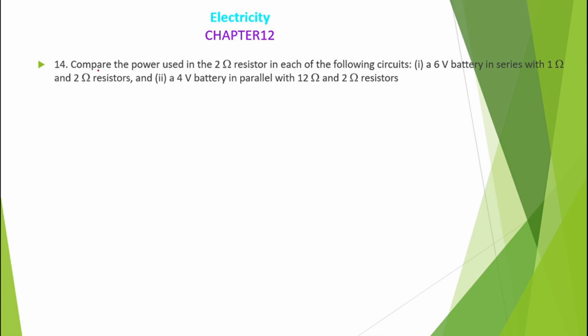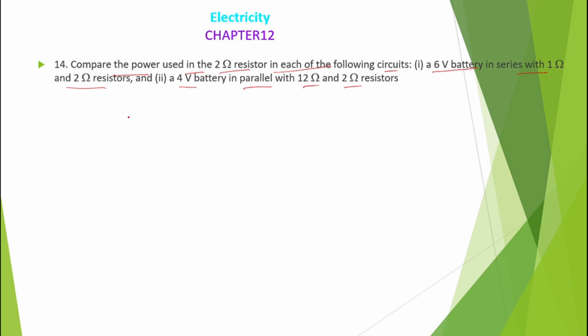So next question: compare the power used in the 2 ohm resistor in each of the following circuits. A 6 volt battery in series with 1 ohm and 2 ohm resistors. A 4 volt battery in parallel with 12 ohm and 2 ohm resistors.